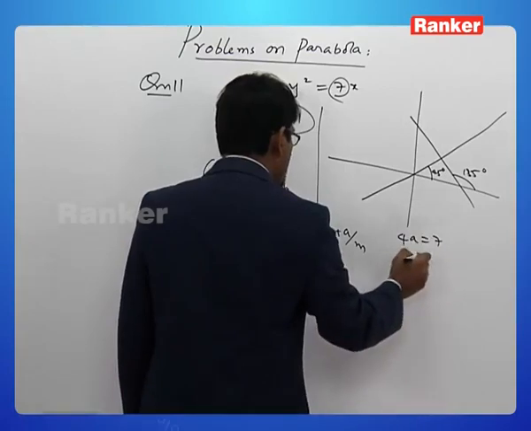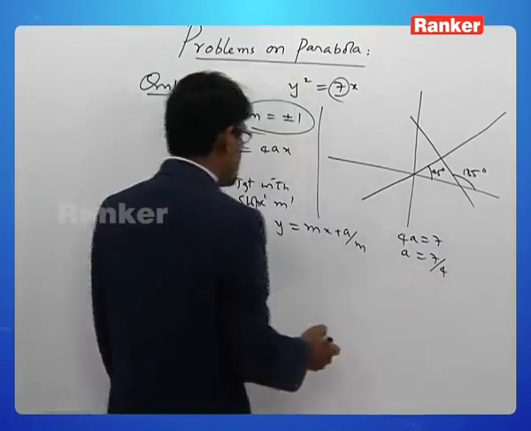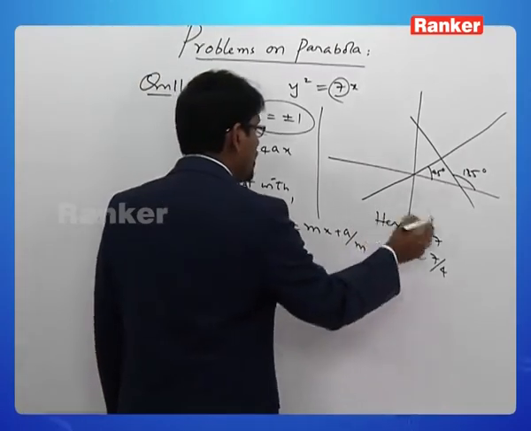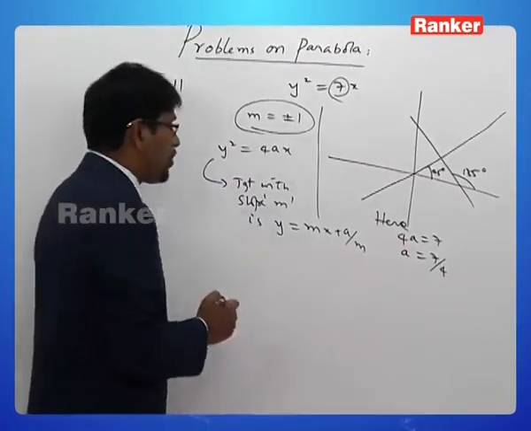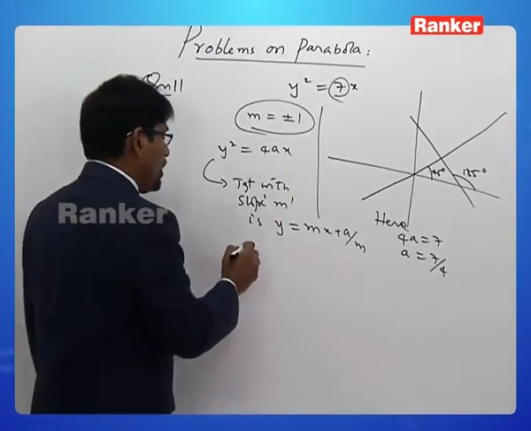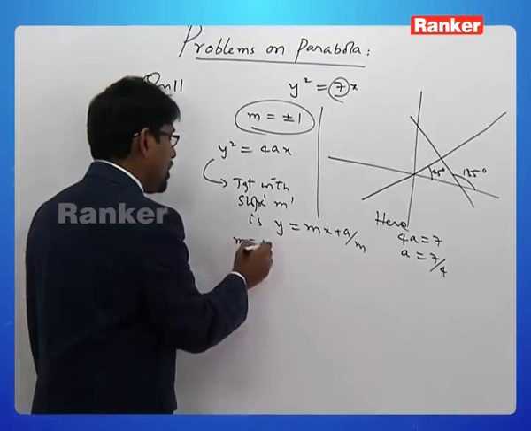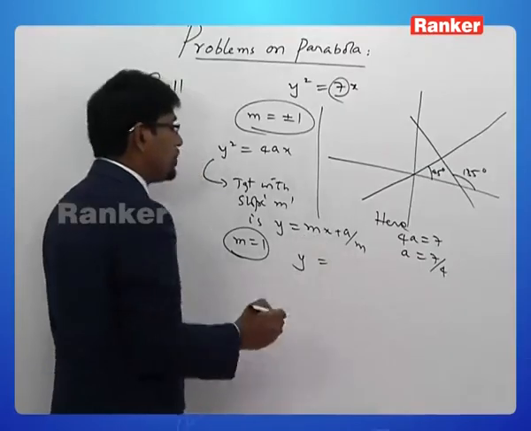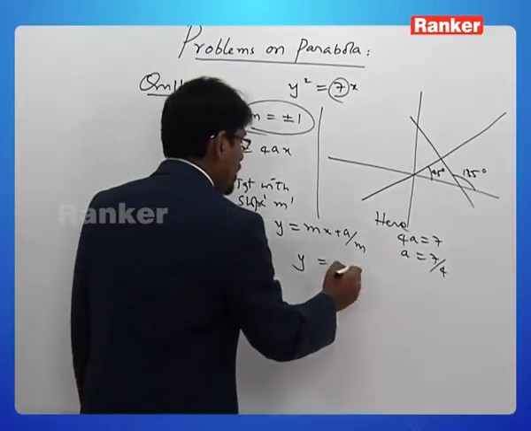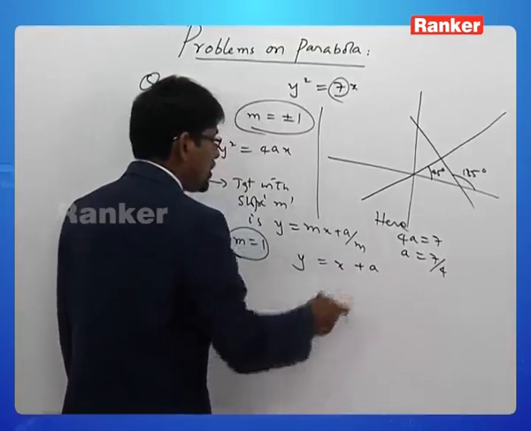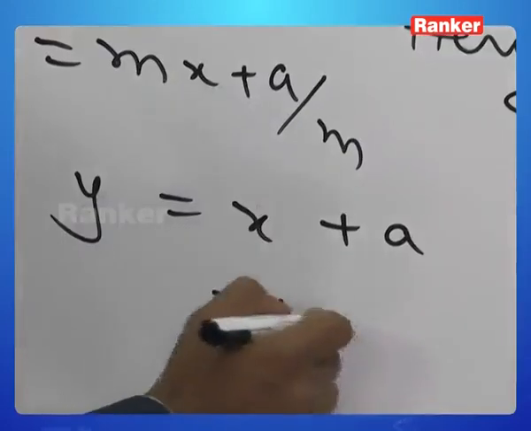That gives me a = 7/4. Okay, in our problem 4a is 7, therefore a = 7/4. And we said m = +1 or -1. Let us take m to be 1, and what do you get there? You will get y = x + a. That gives us y = x + 7/4.